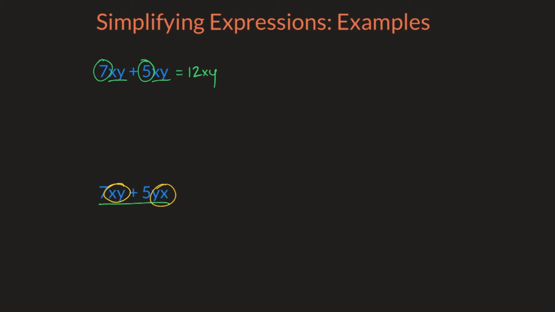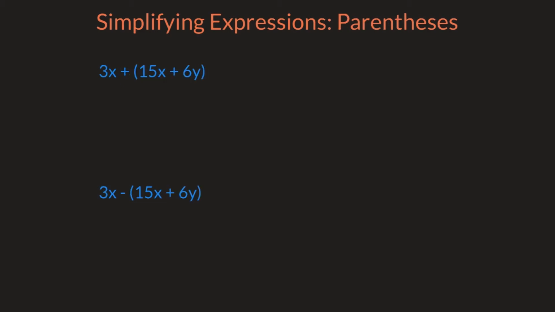X and Y represent numbers, so that means that 7xy and 5yx are in fact like terms. 5yx can be written as 5xy, and it doesn't change the value. That's important to remember.